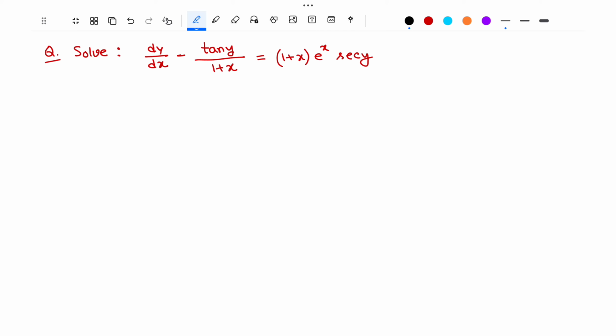The process is simple. You cannot keep any dependent variable on the right hand side. Here the dependent variable is y and the term is sec y. So obviously you have to divide by sec y.